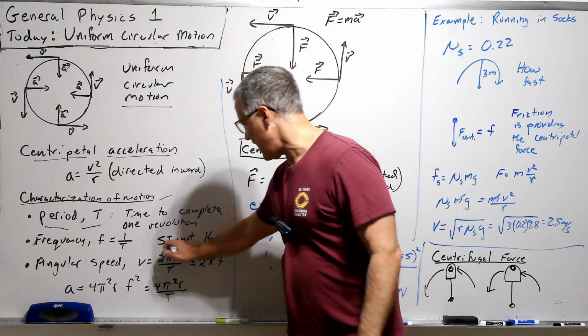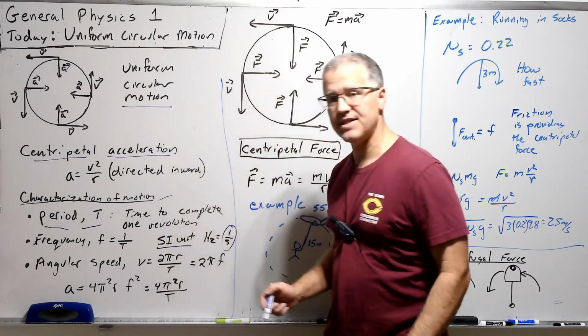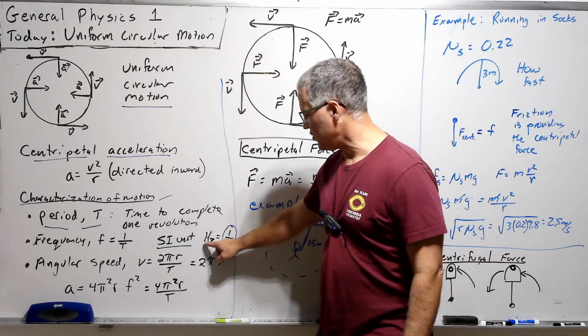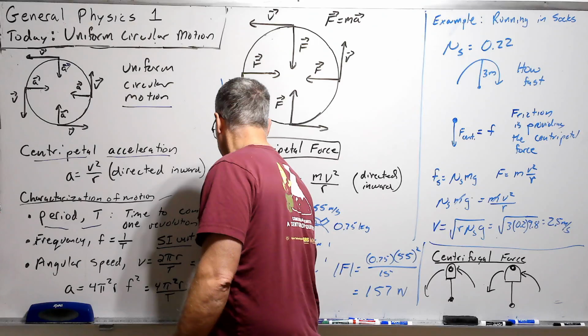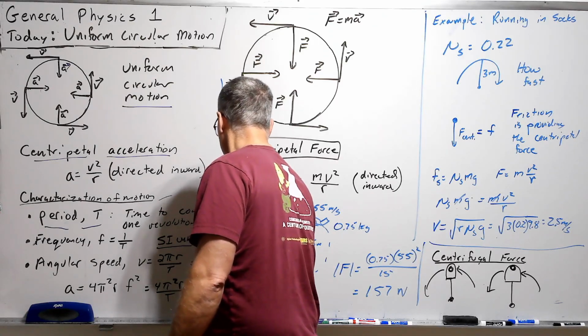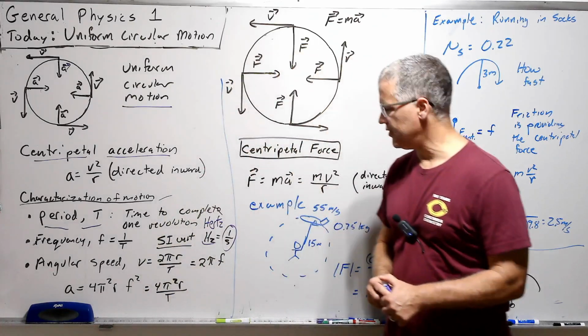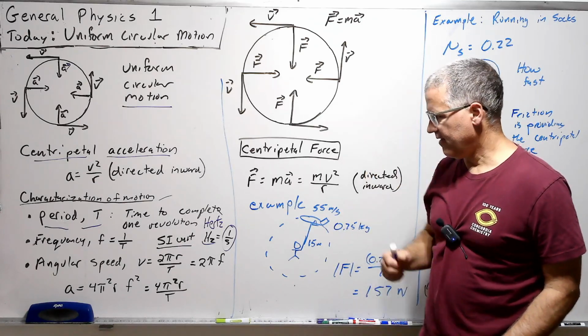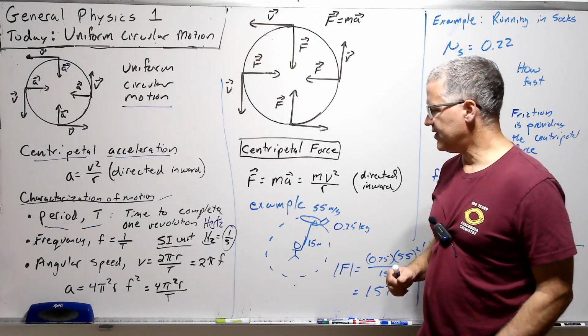The SI unit of that is using the second. So how many cycles per second, and that's called a hertz, and we use the symbol Hz. So it's one of the few SI symbols that has 2 letters.